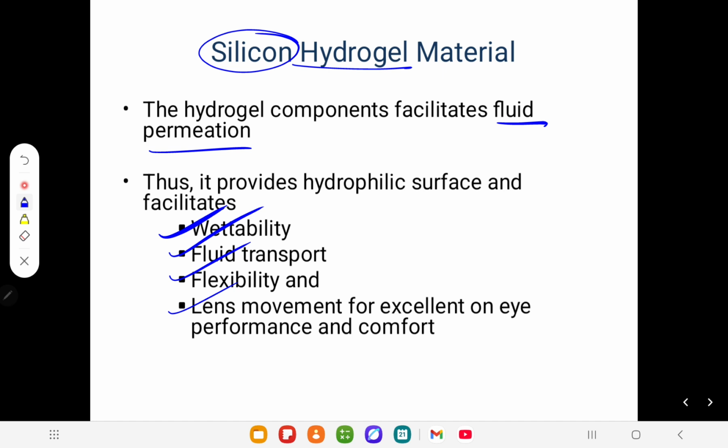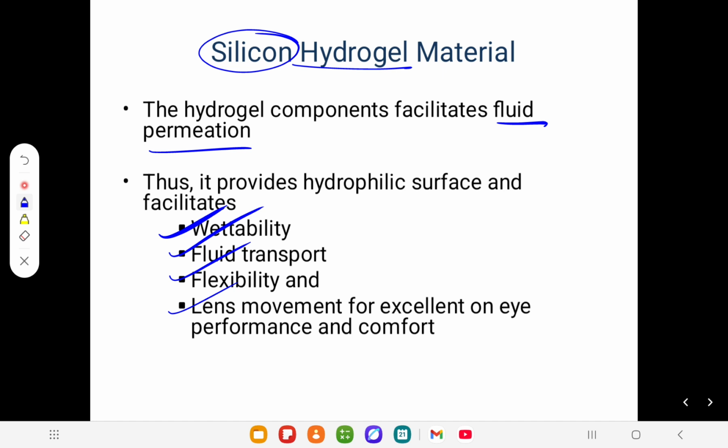Just remember from my previous video, I have already told you, whenever there is a contact lens material, it must pass fluid from anterior to posterior, and it must pass ions from anterior to posterior. If it cannot pass fluid or ions from anterior to posterior surface, then the chances are the lens gets stuck, the lens binds with the cornea.